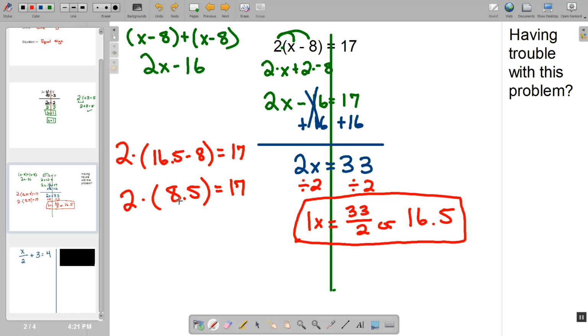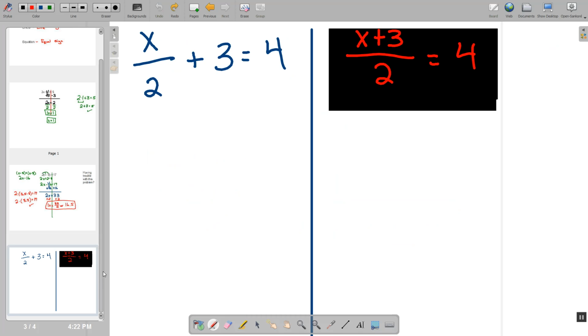And that is true, because 2 times 8 is 16. 2 times a half is an extra 1. So this is true, which means we are correct. So decimal answers, fraction answers are just fine. Not a problem at all. I know we are middle schoolers, so we get a little panicked when we see those, but that is okay.